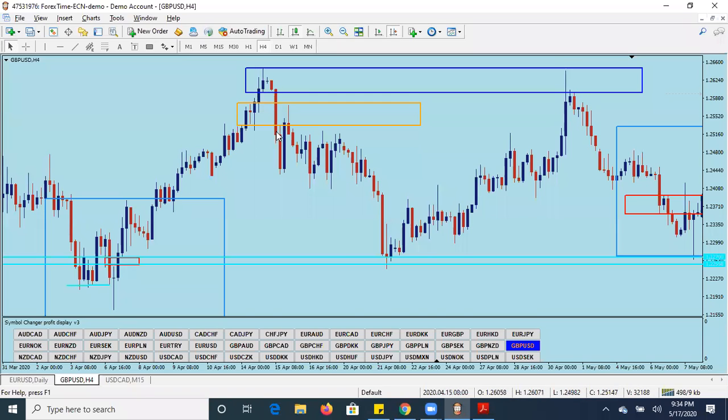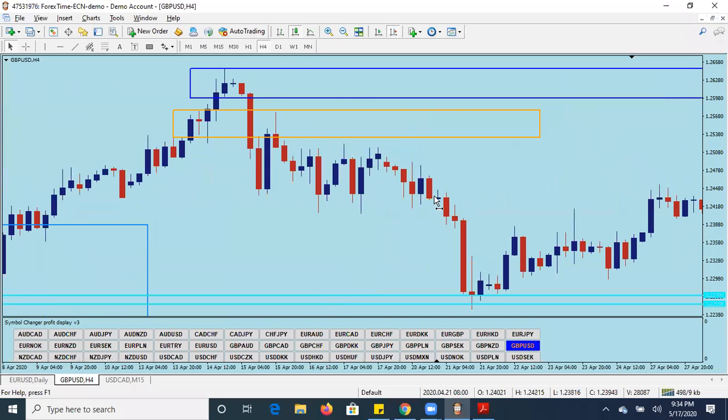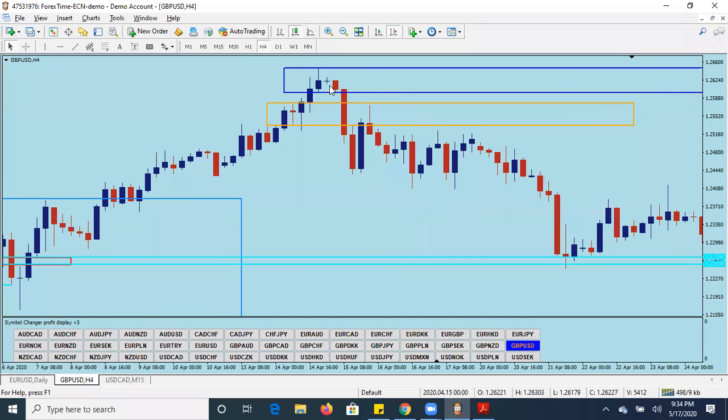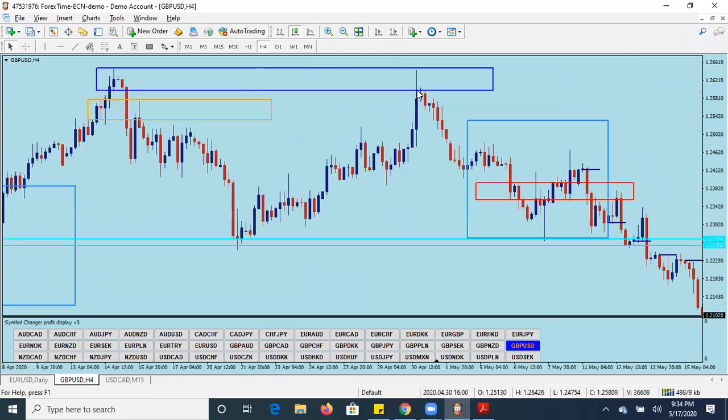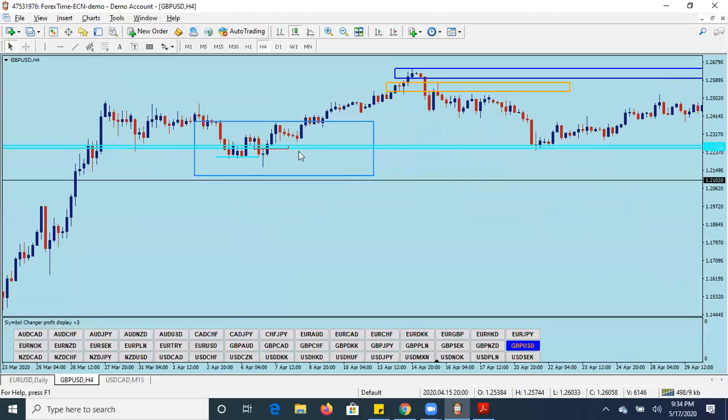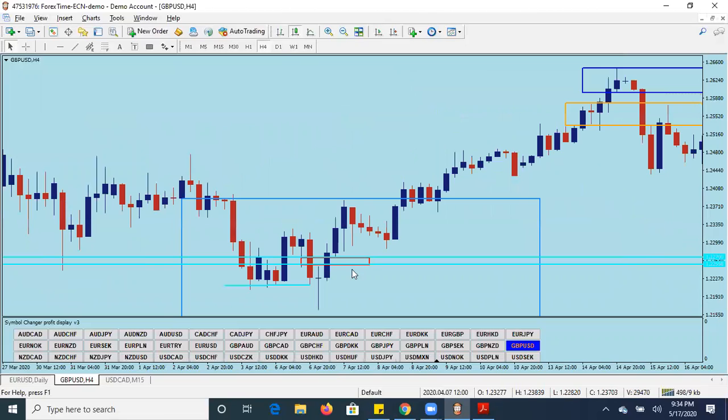What simply happened here is that, let's magnify this a little more, we had a fair value gap or void or whatever name you want to call it here, and price needed to come to fill that up. And when price does that, which it did here, you notice the explosive move away. The same example I gave earlier on here, right? So let's take these lines off.